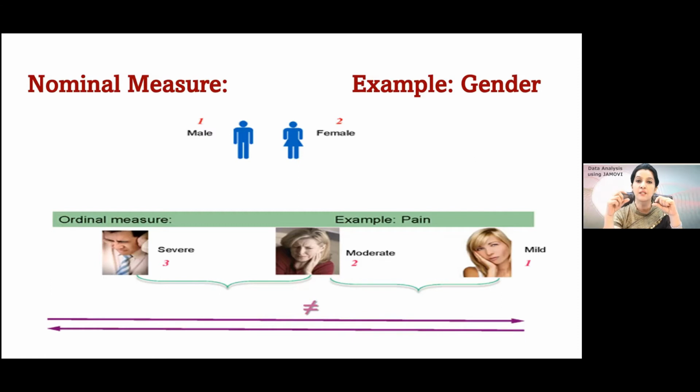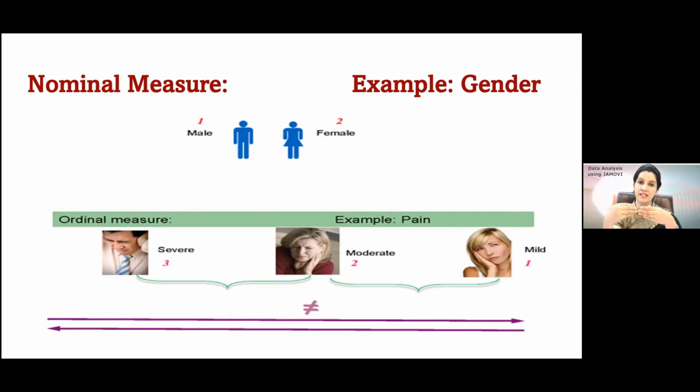The second one is the ordinal. When there is an order in the ranking, like when you measure a pain scale, you can see there is mild, moderate, and severe. Definitely, if you are giving 3 to severe, 3 is higher than 2 and 2 is higher than 1. In fact, 3 is higher than both 1 and 2. So there is a particular order. That is like in cancer staging.